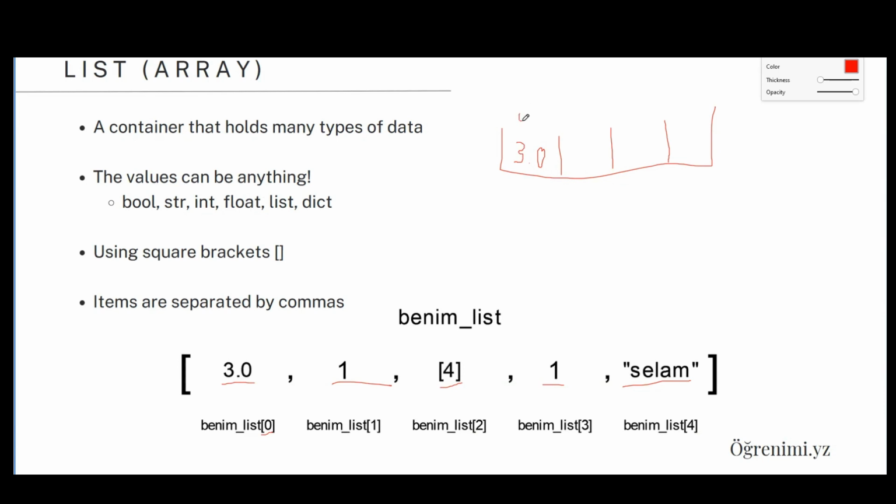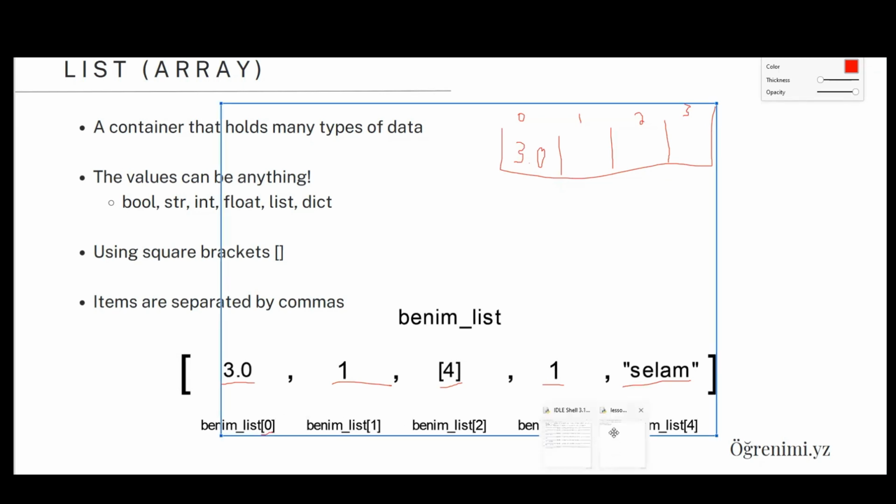So here's index 0, index 1, index 2, and 3. That's also right here: 0, 1, 2, 3, 4. So the way we access items within our list is we say the name of the list, and then we use the square brackets and the index.